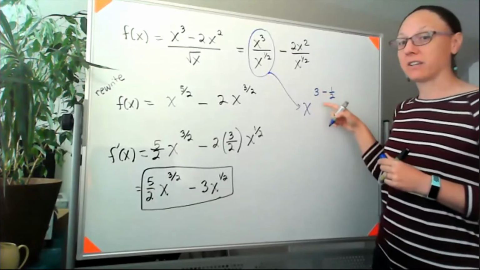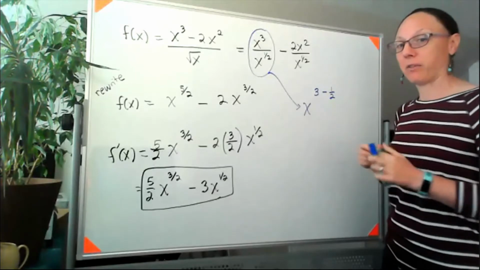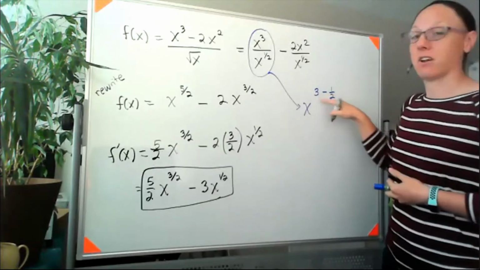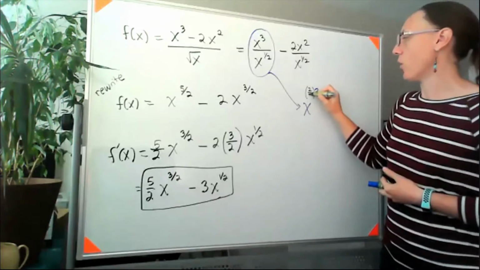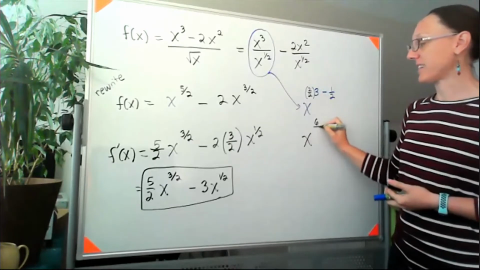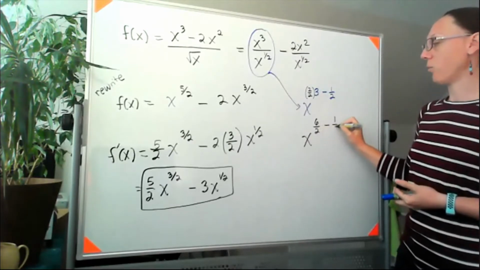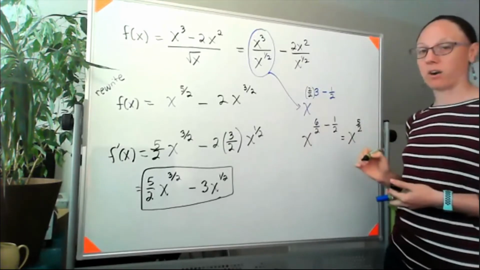Well, to subtract those fractions, I would need a common denominator. So I'm going to think about that 3 and give it a common denominator with the 1/2 by multiplying by 2/2. So that would make this x to the 6/2 minus 1/2. And that's where I got that x to the 5/2 power.